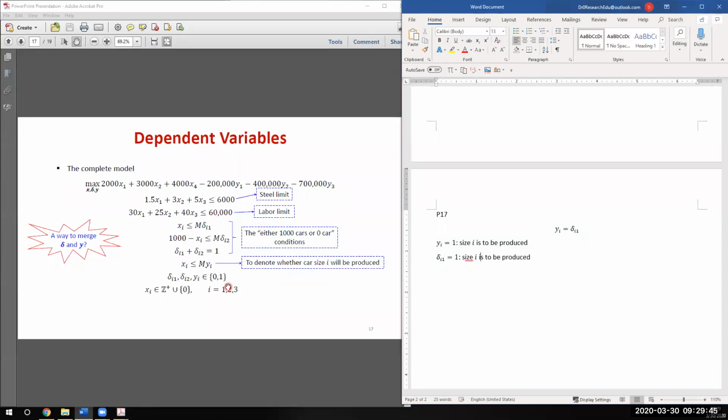So in this case, it's also a dependent variable. In other words, you're gonna ask whether the department is gonna be created or not. And then if it is created, then the workload should be at least something, and you should pay some initial fee. Or let's say pay some additional salary to each person. So this is dependent.